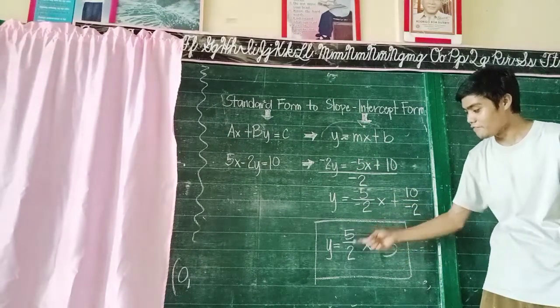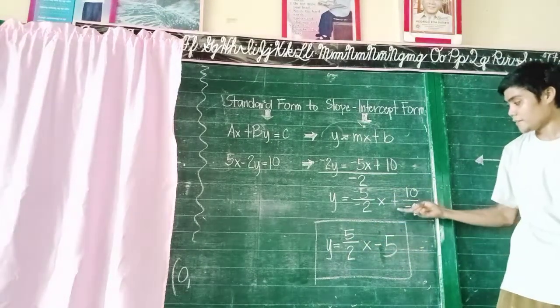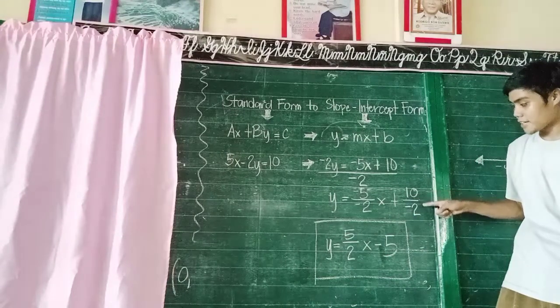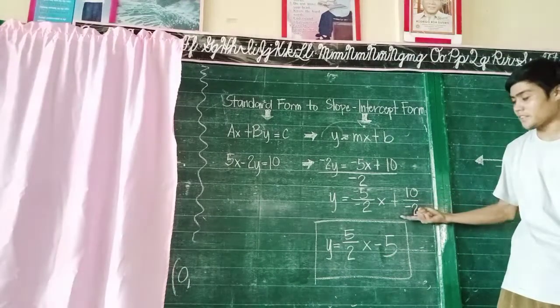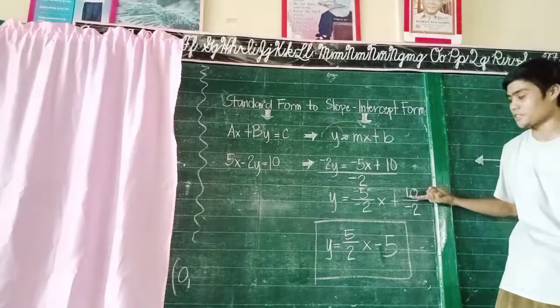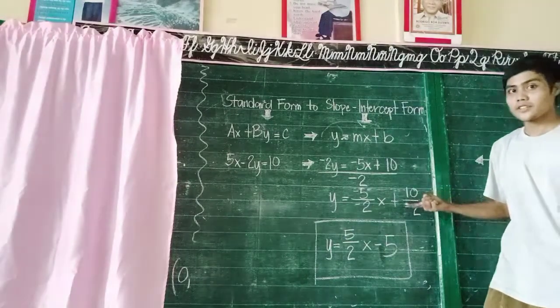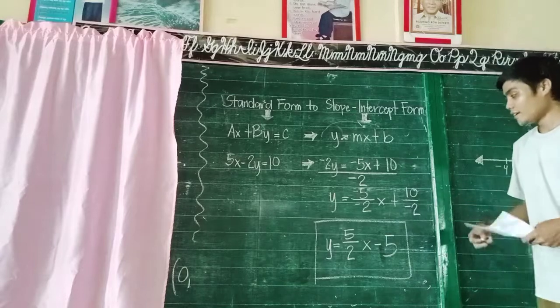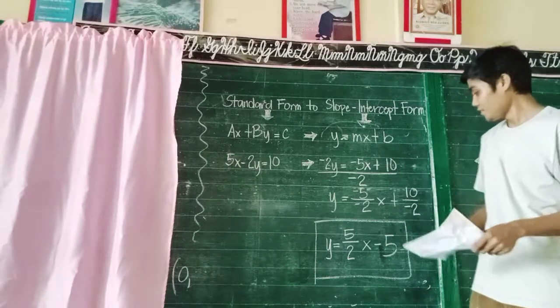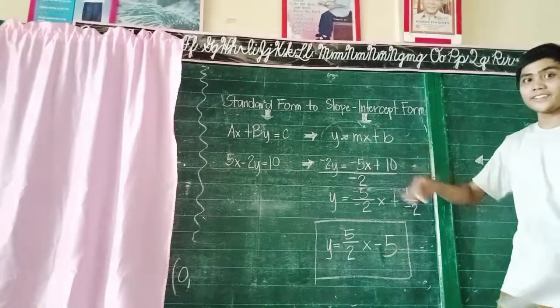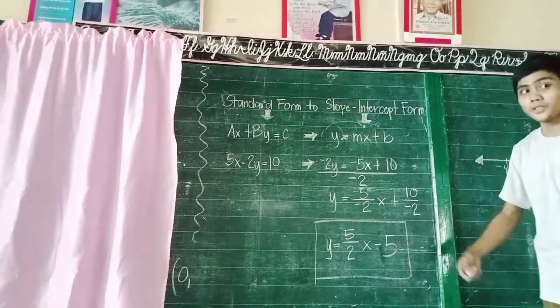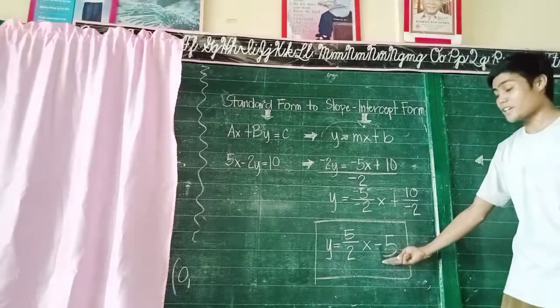So we have 5 over 2x plus, and since our denominator is negative and our numerator is positive, the rule in dividing positive and negative is that it would become negative.